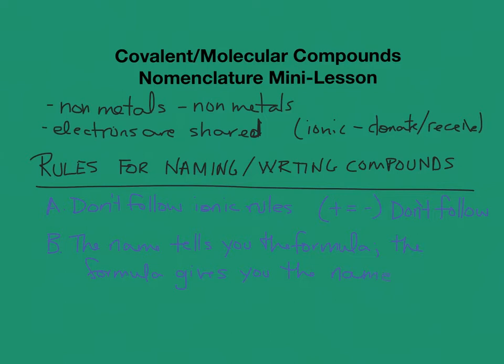So if you can follow the rules for naming, you can't go wrong with that. With covalent compounds, prefixes are used in the names. And these are numerical prefixes in the words.